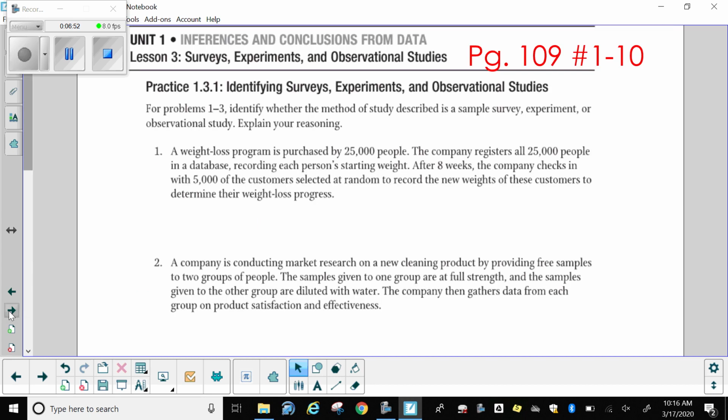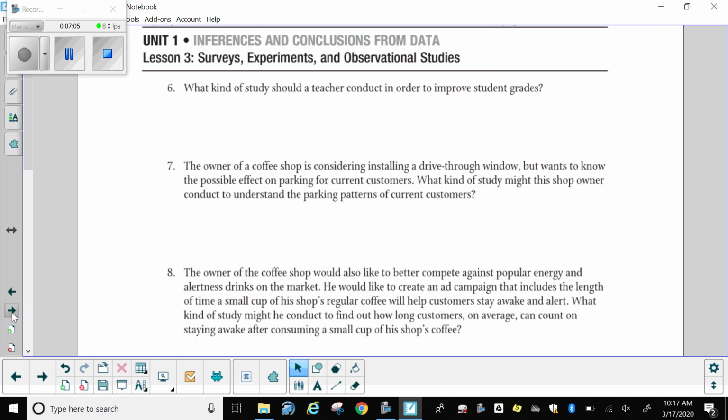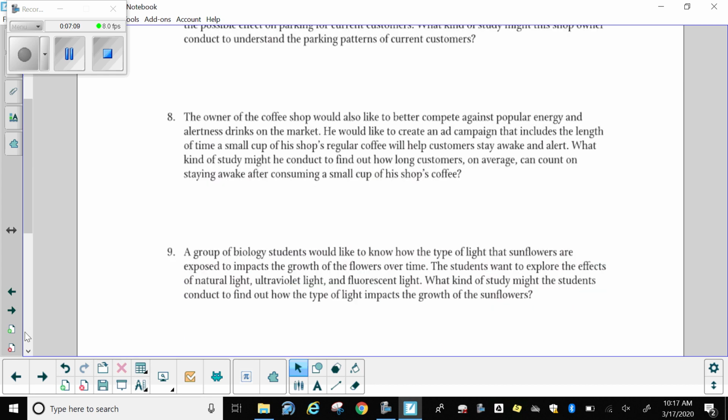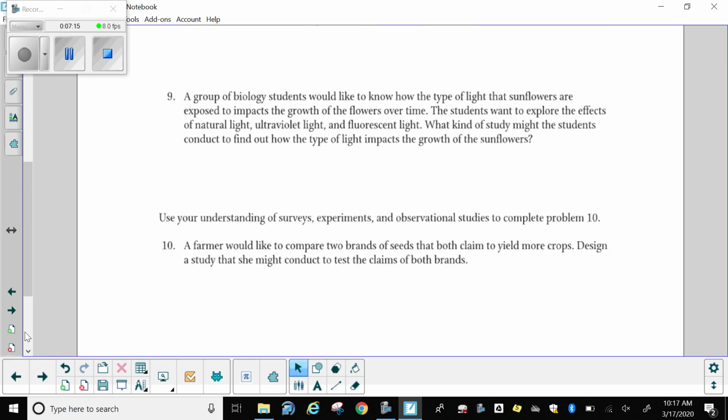All right, this actually takes us to the homework. It's very straightforward. Hopefully the page number is correct, page 109, 1 through 10. Just read the directions. Basically, you're going to go through problems 1 through 10 and determine if it's an observational study, an experiment, or if a survey is going to be the best method.